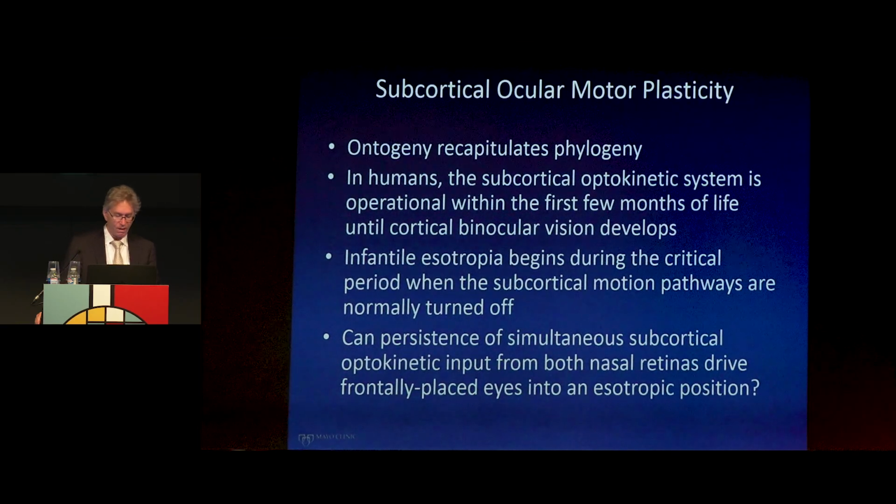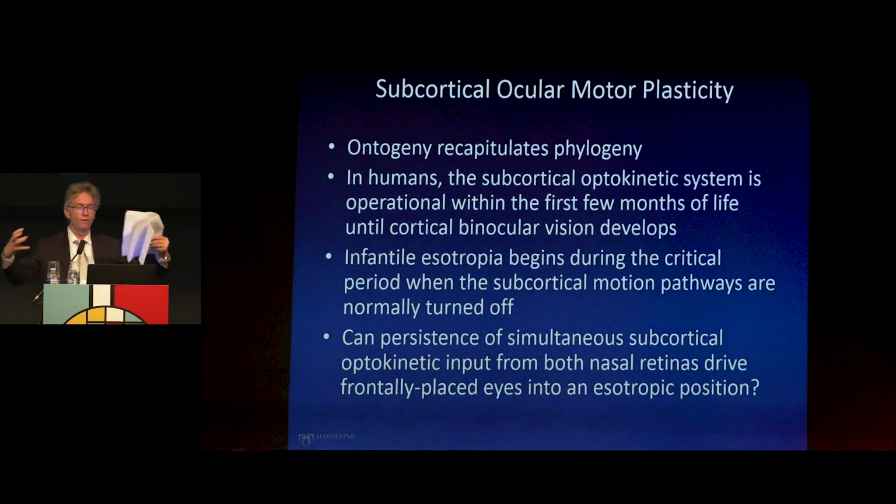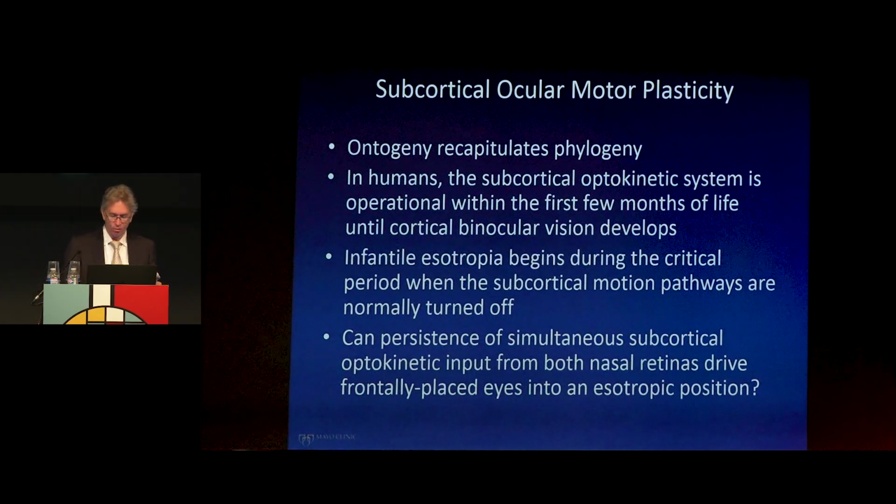Now we know that infantile esotropia gradually develops during this critical period when the subcortical motion pathways normally are extinguished. So here's the question: could retained subcortical neuroplasticity, in other words, if they don't get shut down like they should, lead to persistence of simultaneous subcortical optokinetic input from both nasal retinas and gradually drive both frontally placed eyes into an esotropic position?